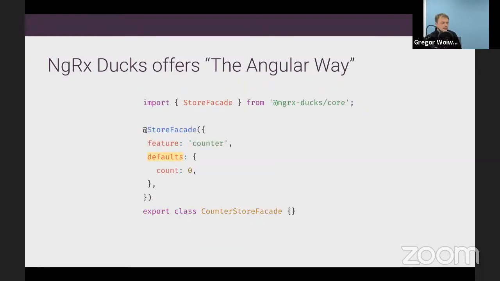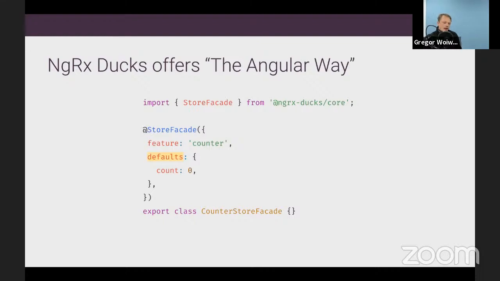And this is in fact all you need to enhance the store of ngrx. You do not need to register anything or use some store module for feature or for root. It simply goes by this decorator.